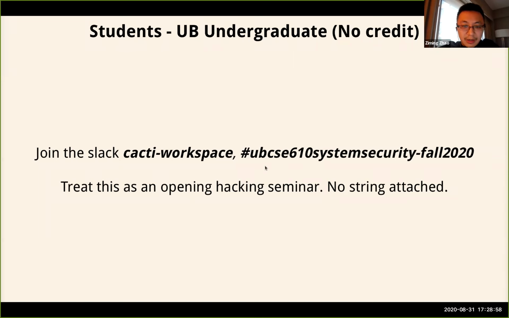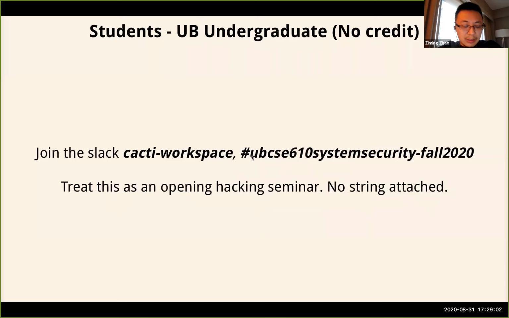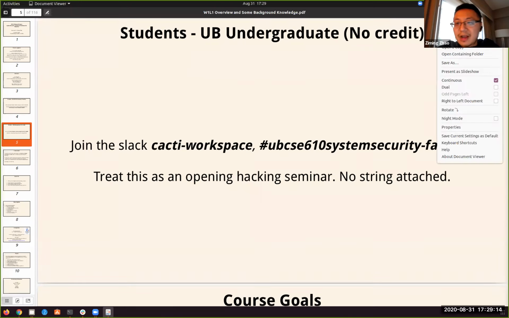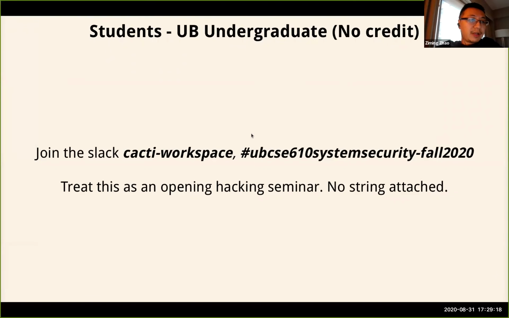So I don't really know how many people are here right now. Oh, there are 48 students right now. So that probably means there are 30 undergraduates online right now, 35 or something like that. So thank you very much for showing up.